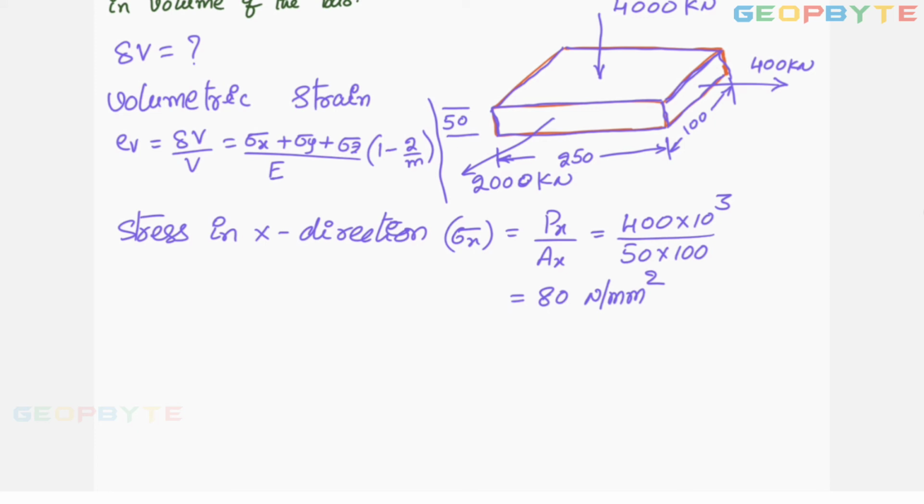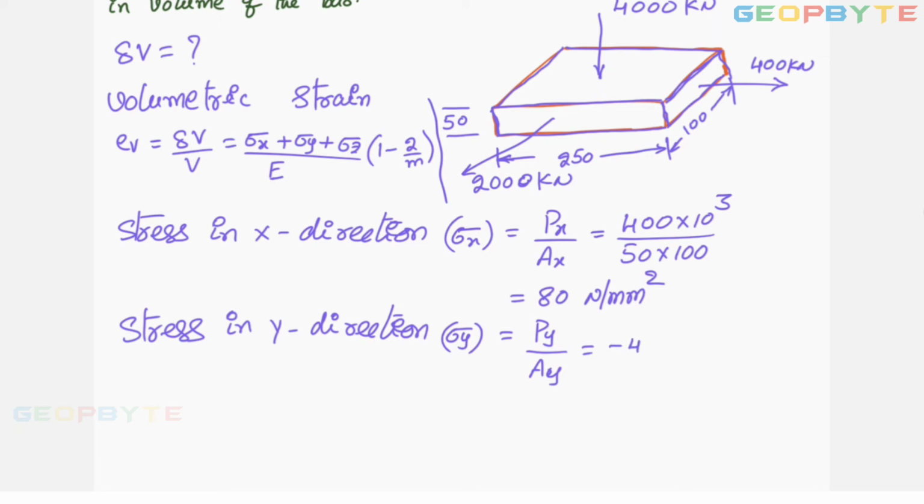Similarly, stress in y direction. Sigma y equals Py by Ay. The load in y direction is negative, minus 4000 into 1000, because it is a compressive load, divided by the area for that load.